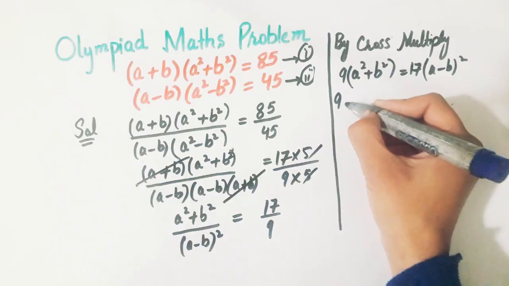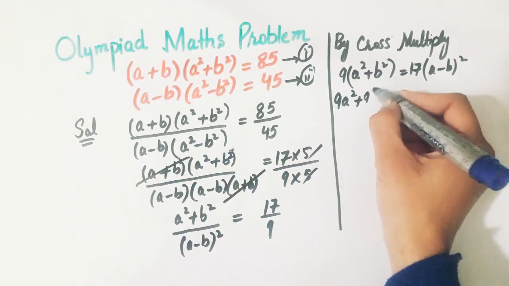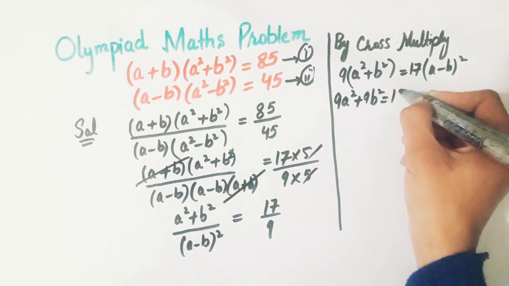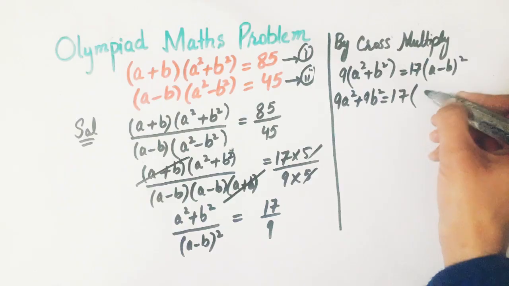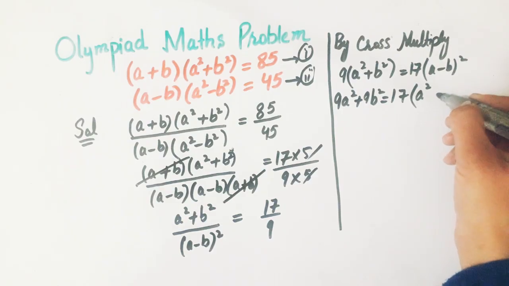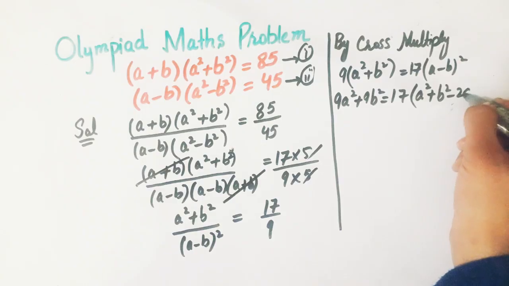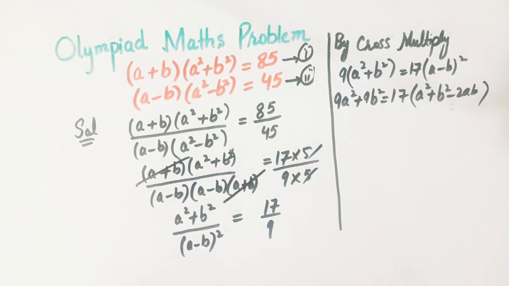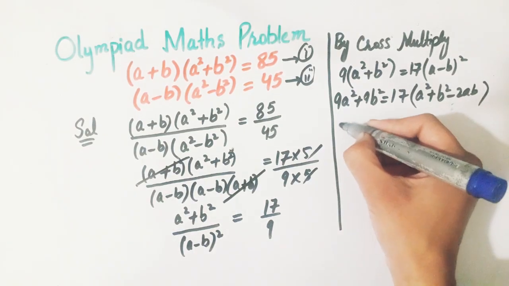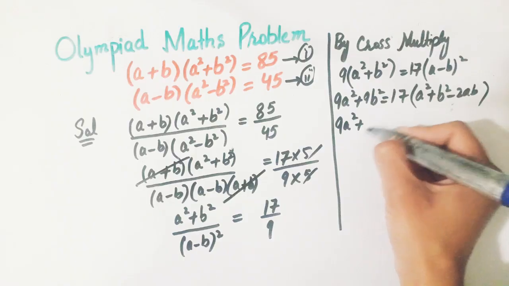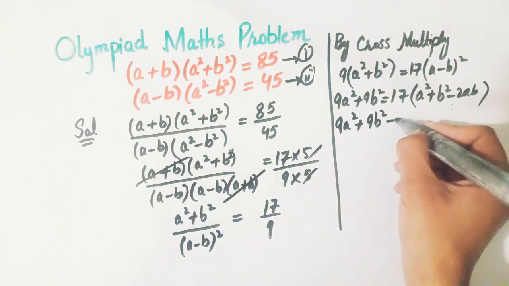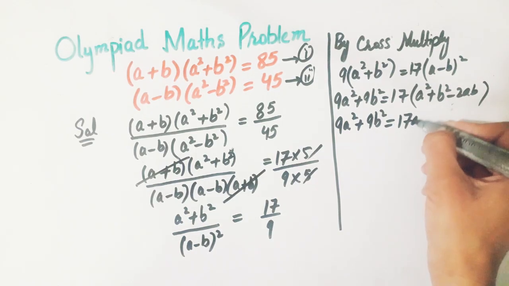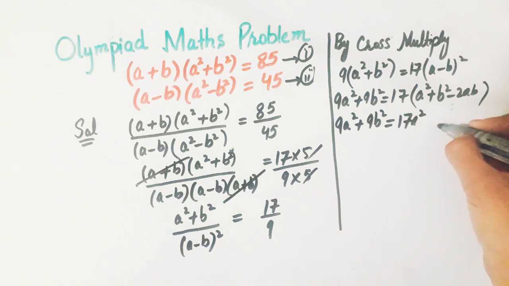So we get 9a square plus 9b square, and here we open the formula of (a minus b) whole square, that is a square plus b square minus 2ab. So we get 9a square plus 9b square equals 17a square plus 17b square minus 34ab.